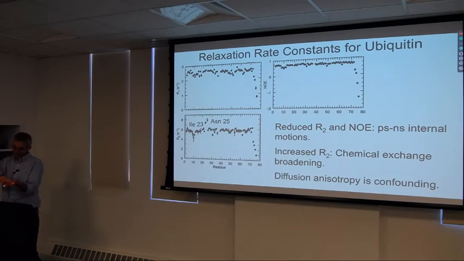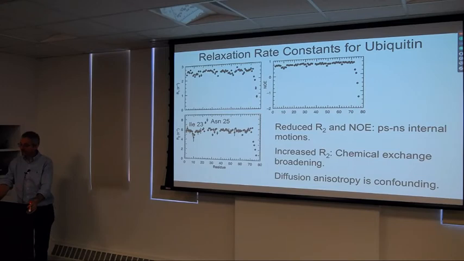So what looked like enhanced R2 from exchange broadening was really just enhanced R2 from diffusion anisotropy. So now everybody knows to be careful about such things.